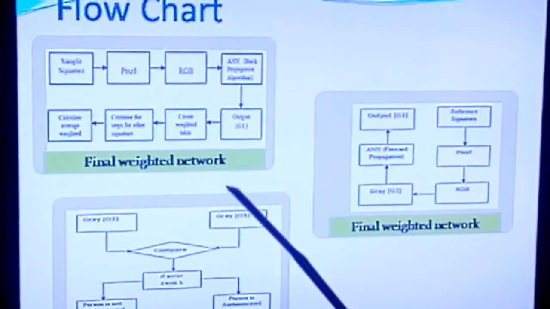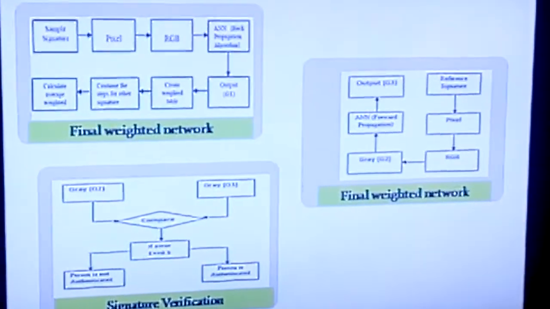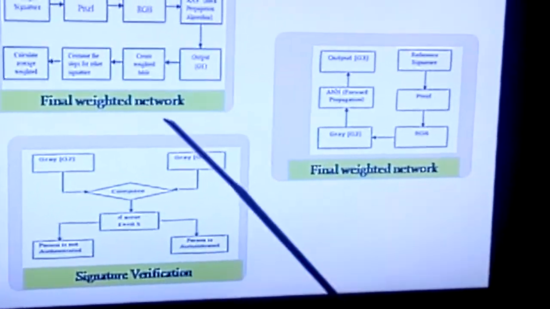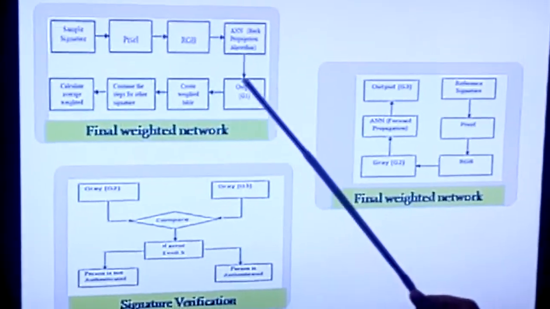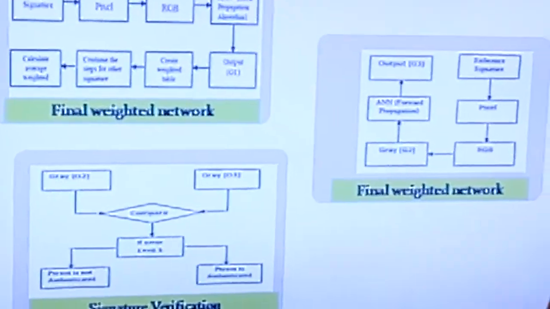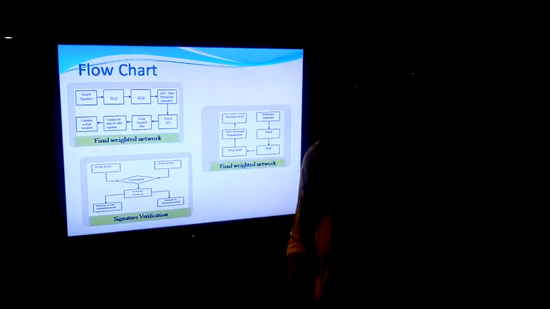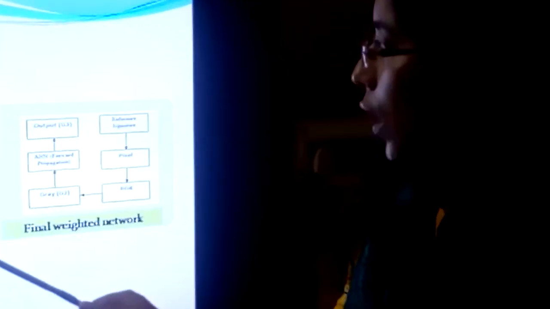The neural network first produces the final weighted network, using the backpropagation algorithm. Then we choose signatures 2 and 3 and, in the same way, calculate final weighted network 2 and final weighted network 3. Now we calculate the average weighted network.